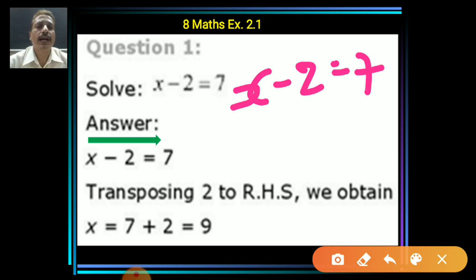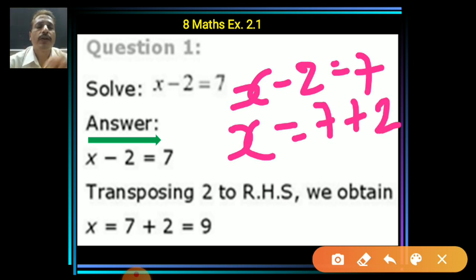So we will get x is equal to 7 plus 2. My dear students, this method, transposing, is very easy. Otherwise, we can add or subtract the same numbers and cut it. Here 7 plus 2 gives me x is equal to 9.